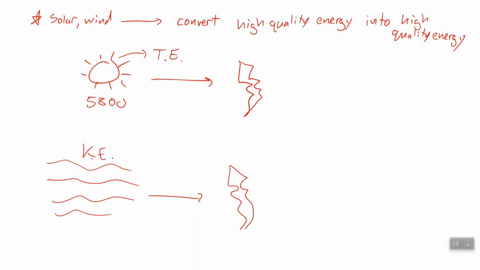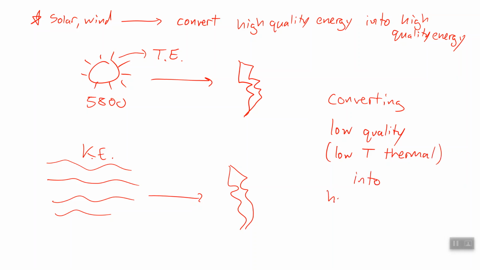Okay? And that's great, but now we need to focus on a different approach, specifically converting low quality energy, specifically low temperature thermal energy, into high quality energy, specifically electricity.